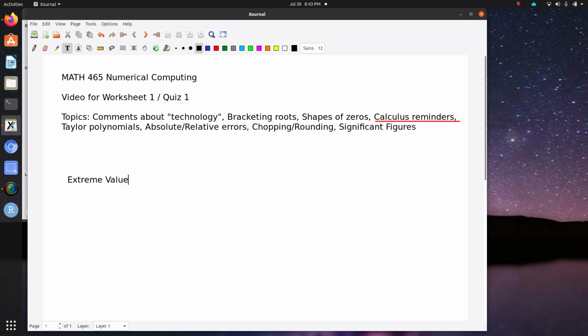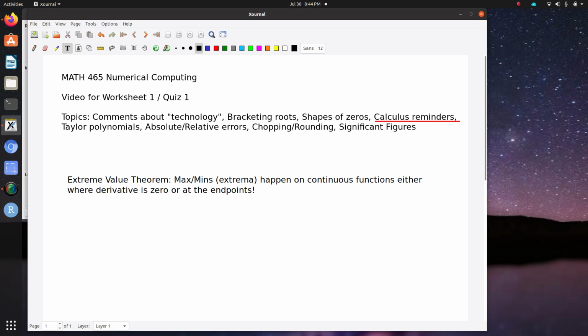Extreme value theorem says maxes or mins, extrema, happen on continuous functions either where the derivative is 0 or at the endpoints. Hopefully that is obvious to you.